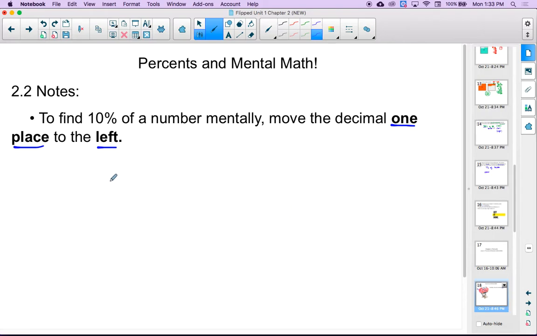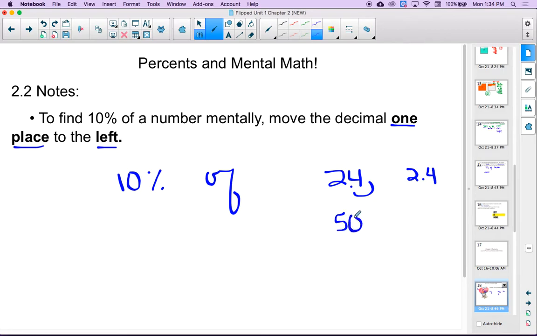Okay, so we can do a couple practice questions here. Really quickly, if I wanted to find 10% of the number 24, I just take my decimal and I move it one place to the left. The answer is 2.4. If I want to find 10% of 50, take my decimal, move it one place to the left.